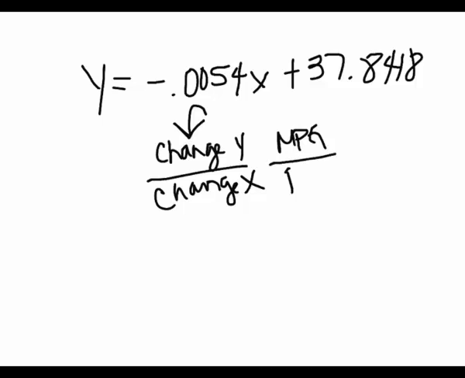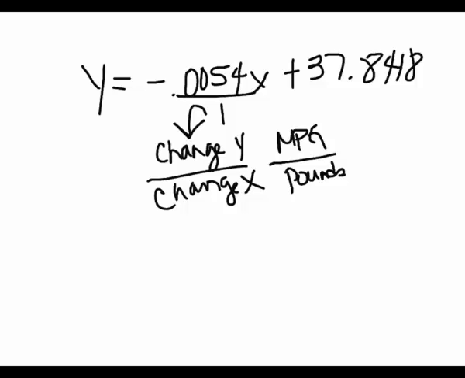So this slope tells us the average change in miles per gallon as the increase of 1 pound in weight. Because this is a fraction, believe it or not, it's over 1. So I'm going to lose 0.0054 miles per gallon for every pound I gain in weight. And that's what it would mean.